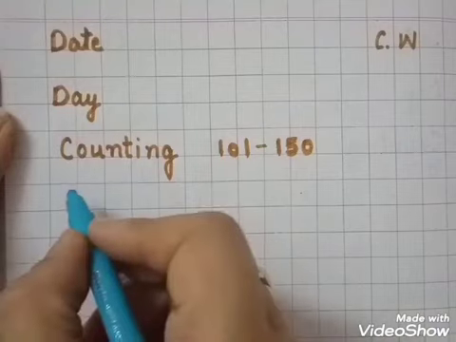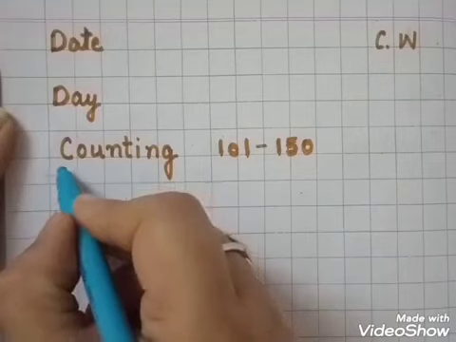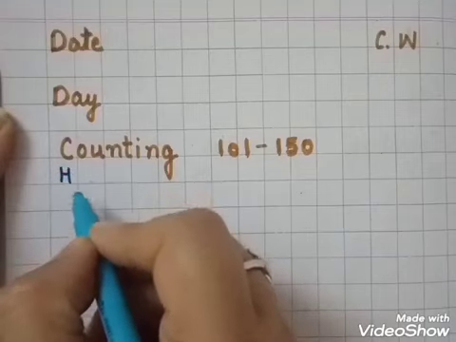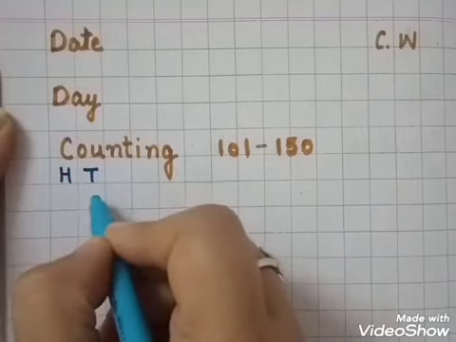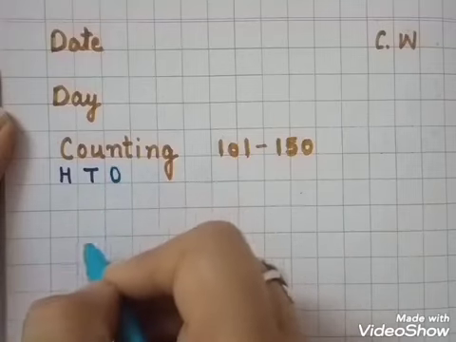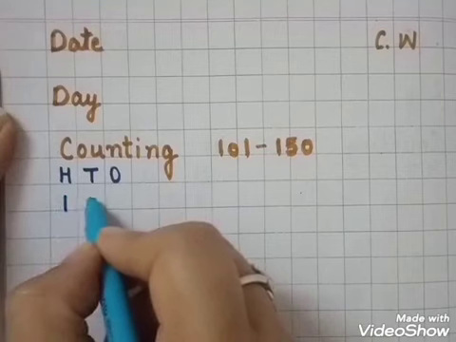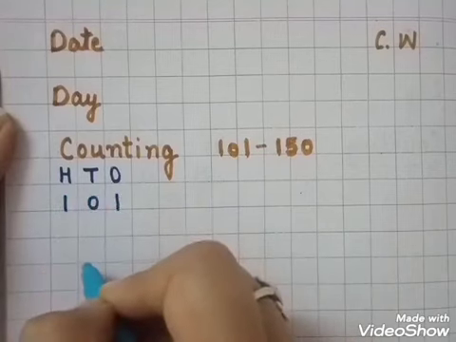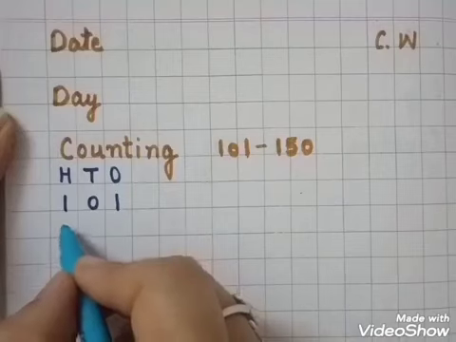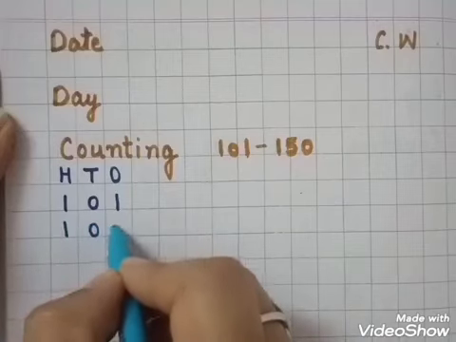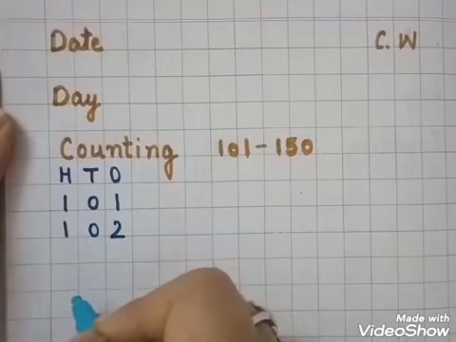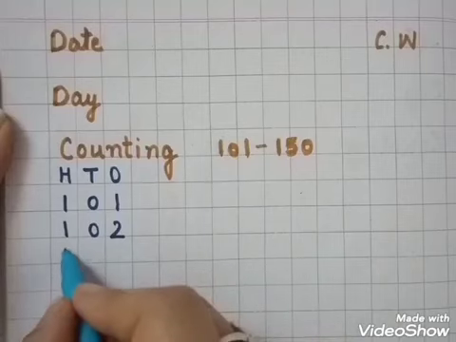So here write down H for 100, T for tens, O for ones. Now here write down 101. 102.